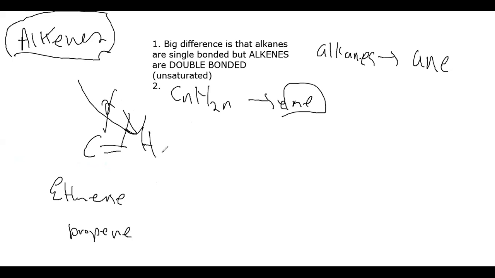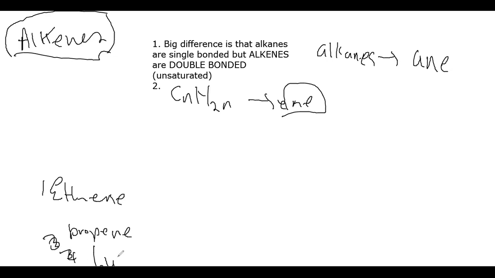That's a no-no. So we start off with ethene, propene is 3, 4 is butene, right? ENE, ENE, ENE.